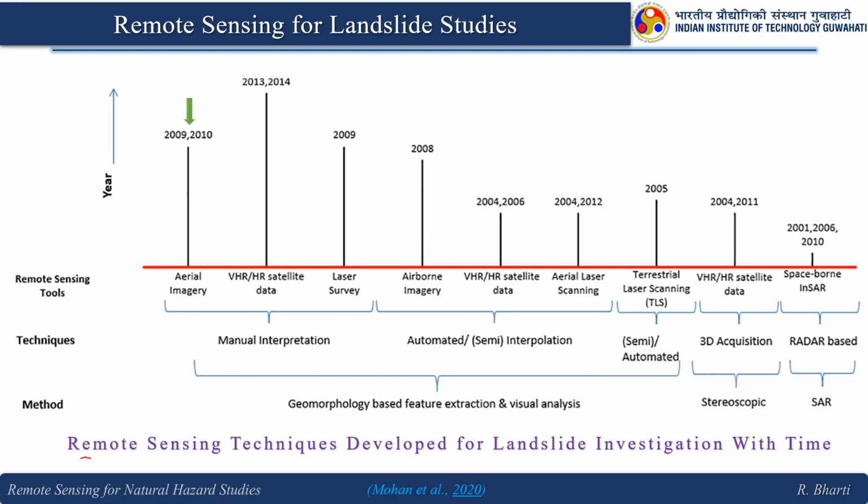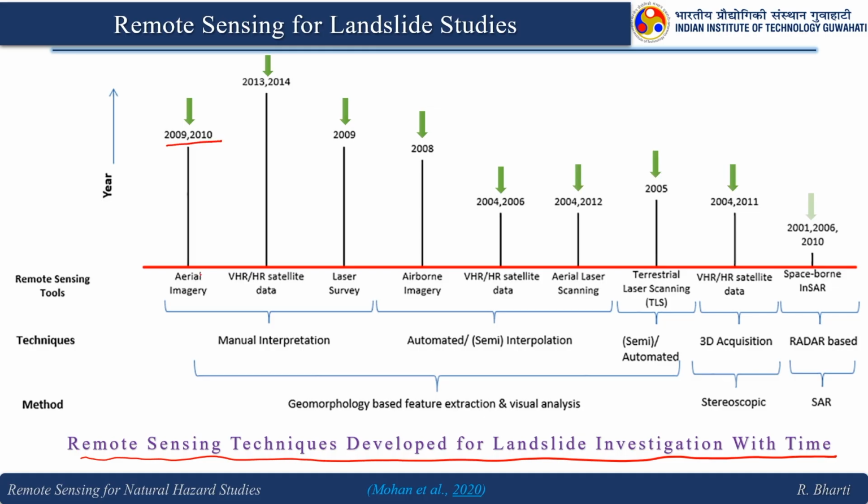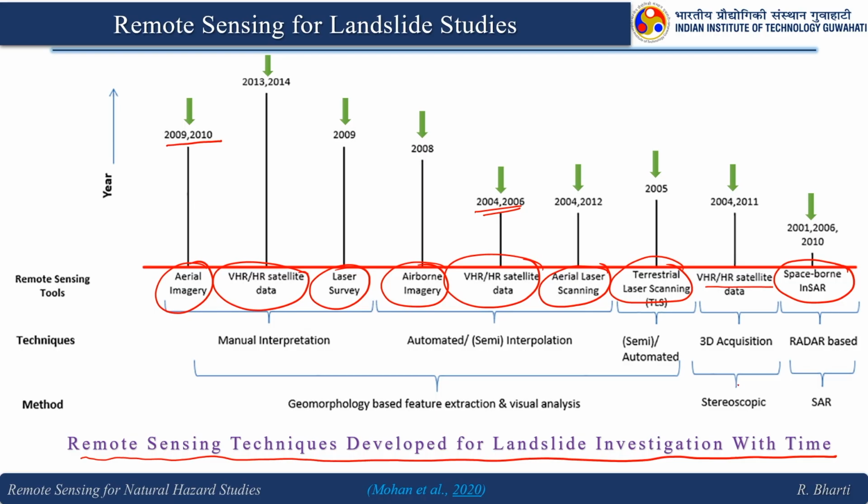Here this particular slide says remote sensing techniques developed for landslide investigation with time. Now here you see in 2009-2010 we had the aerial imagery, then high resolution satellite data, then laser survey, then airborne imagery, then high resolution satellite data. Here you see the years, right? Aerial laser scanner, terrestrial laser scanning, then high resolution satellite data, then spaceborne InSAR.